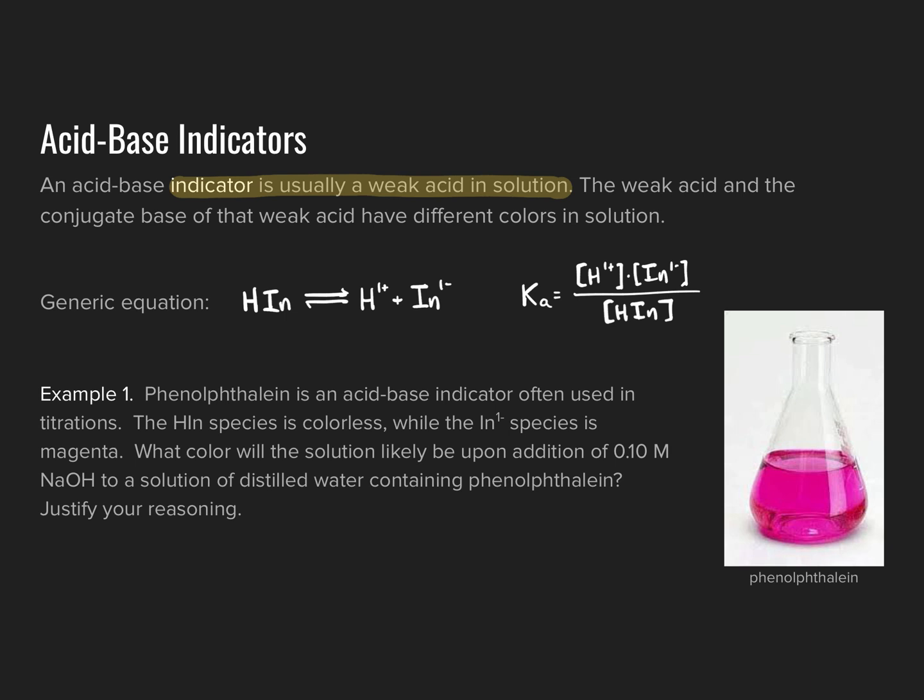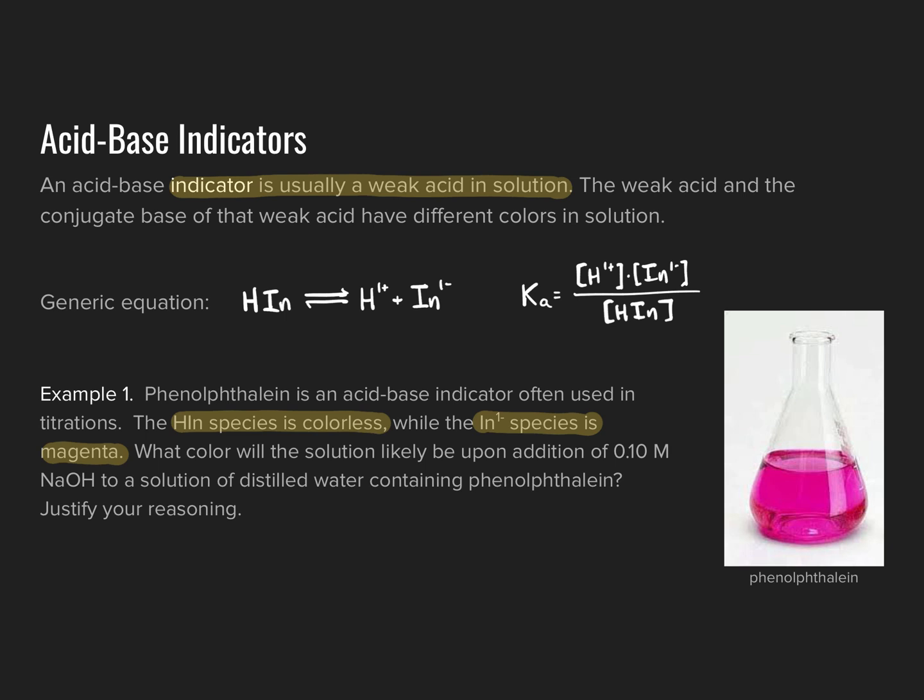And as it turns out, the species HIN is colorless, and the conjugate base IN- is magenta in solution. And our question is, what color will the solution likely turn upon addition of 0.10 molar sodium hydroxide solution to distilled water which contains a solution of phenolphthalein? And we want to justify your reasoning to understand this process.